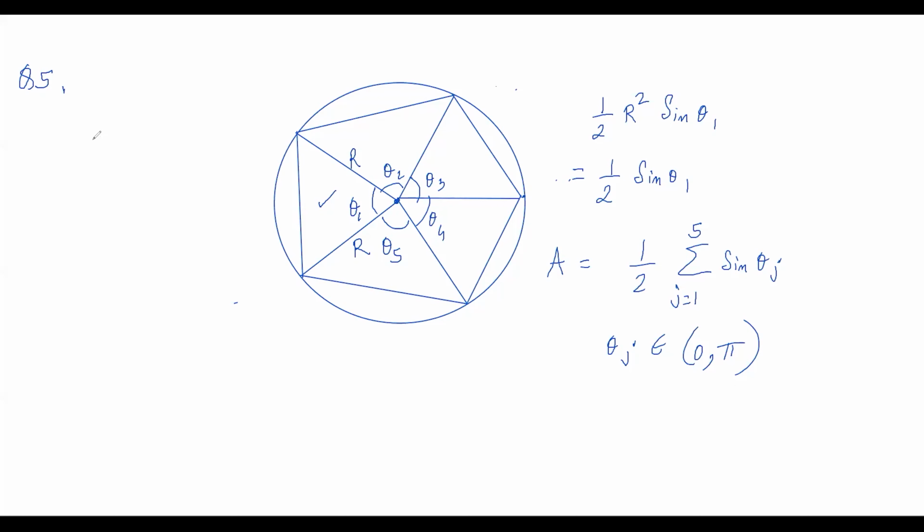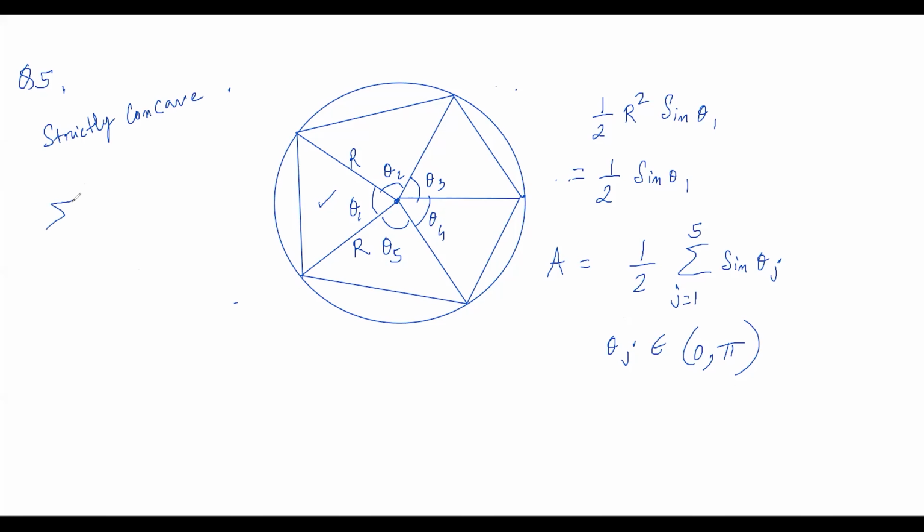Now the sine function in this range, that is from 0 to pi, is strictly concave. And so what we can do is apply Jensen's inequality.